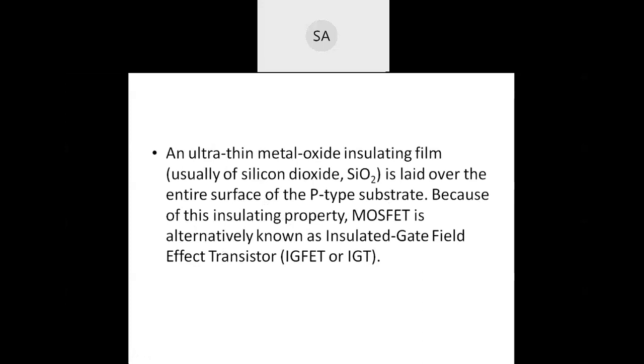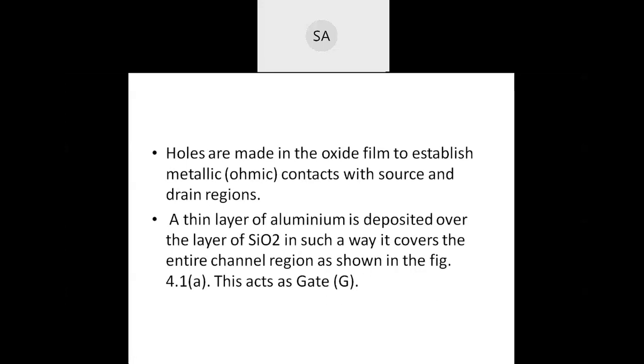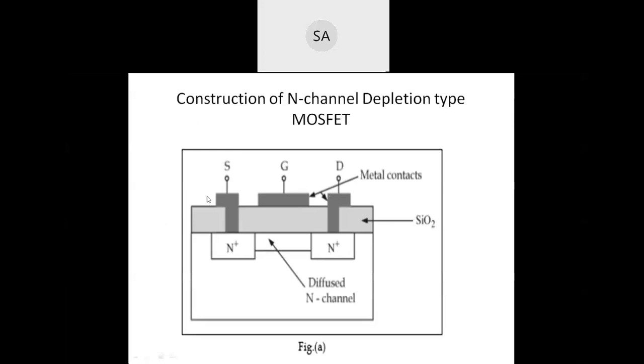Because of this insulating property, MOSFET is alternatively known as insulated gate field effect transistor, or IGFET. Holes are made in the oxide film to establish metallic contacts with the source and drain regions. So here we are making the holes to maintain the contacts with the source and drain.